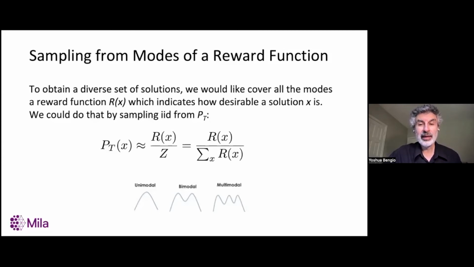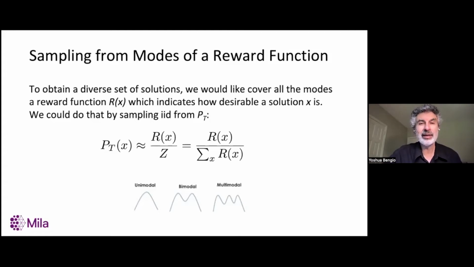Imagine you have, say, 3 modes, and then I sample IID from a distribution that is proportional to that function R. Then I'm going to get a few samples from all of the modes if I throw, maybe 6 darts at this, and so that's kind of good.